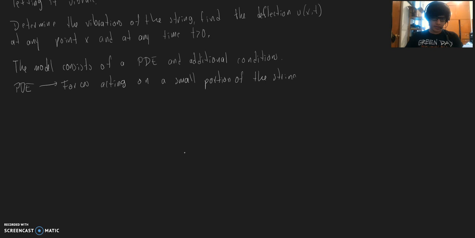Let's consider that the string has some shape like this, where this is the x-axis, this is the function u, this is 0, and let's suppose that the string has at a given time a fluctuation like this one. So let's suppose we have a point x and a point x plus delta x, and at these values we have points on the fluctuation, p at x and q at x plus delta x.